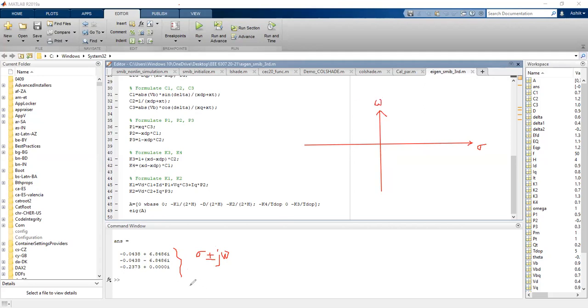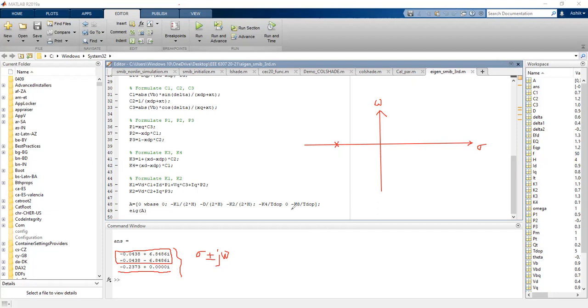By looking at these eigenvalues, we can see clearly that the first two comprise a complex conjugate set of solution, and the third one is a real pole. It's not imaginary, with a negative real part. So let's say the third one is plotted somewhere here.